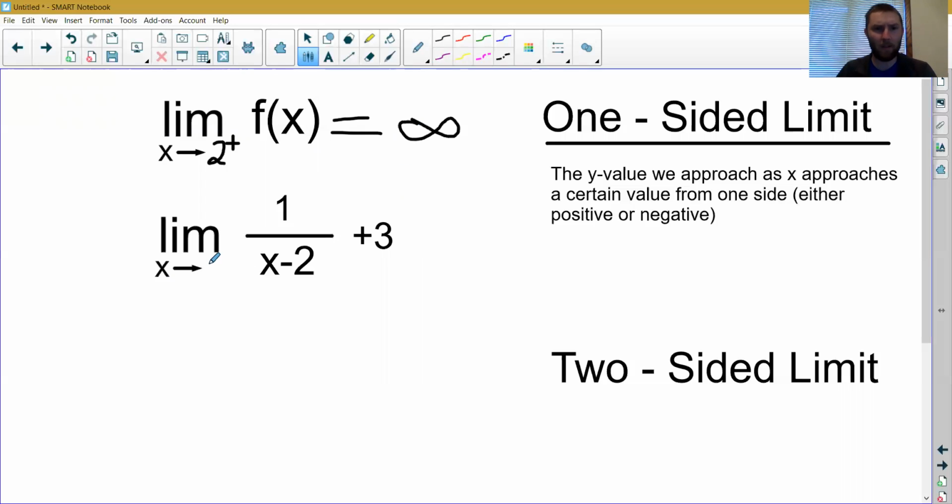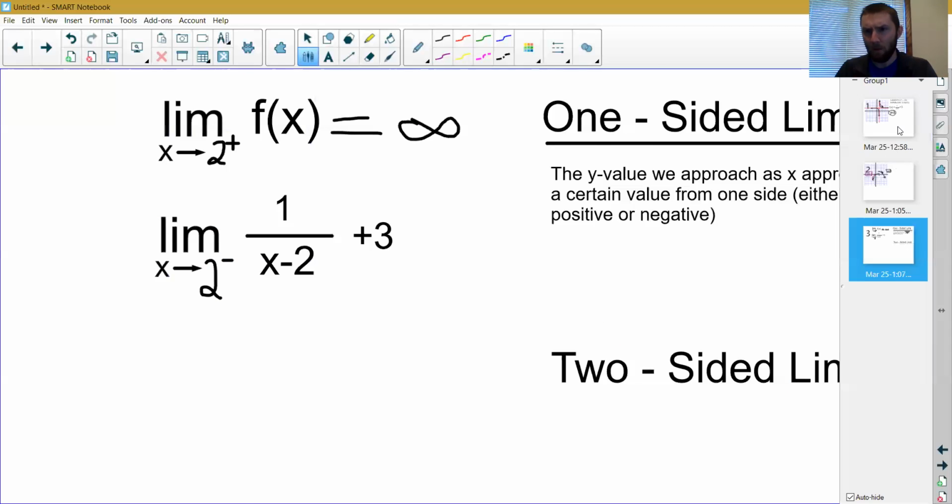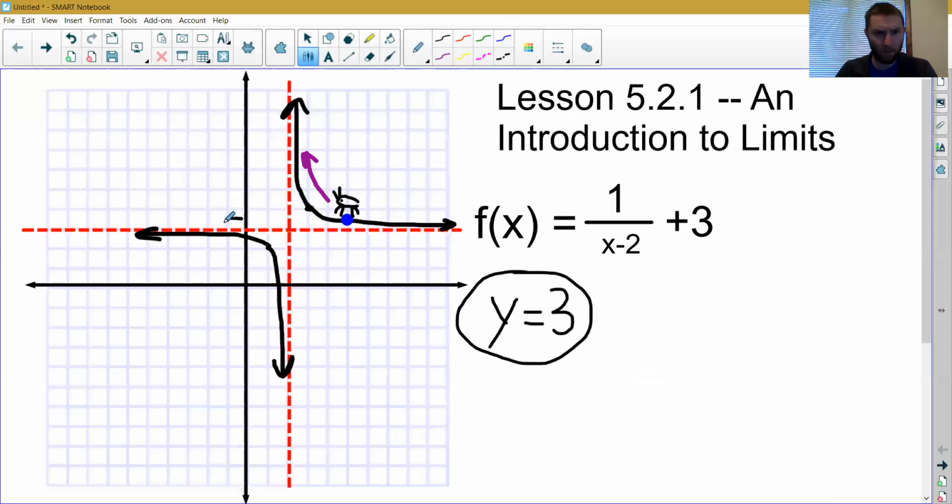If I think about approaching 2 from the negative side, again this is my notation, the limit as x approaches 2 from the negative, from below, working up to 2 now. If I go here to my function and put Benny's sister over here and have her walk this way, as she approaches x equals 2, what y value does she think she's going to hit?